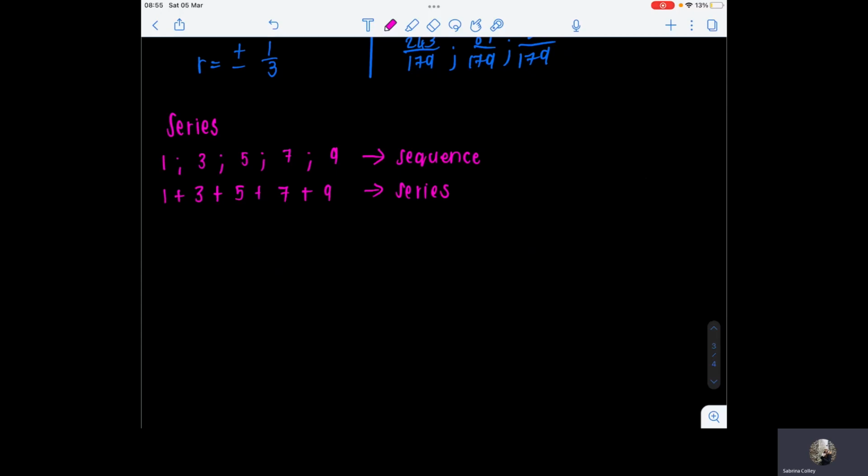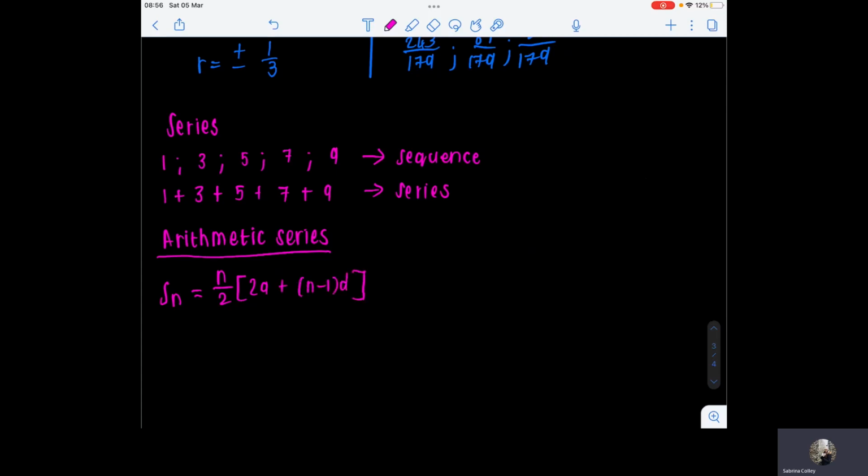Okay, so if we look at our arithmetic series, there's our formula: Sn, the sum of n terms, is n over 2 times (2a plus (n minus 1)d).